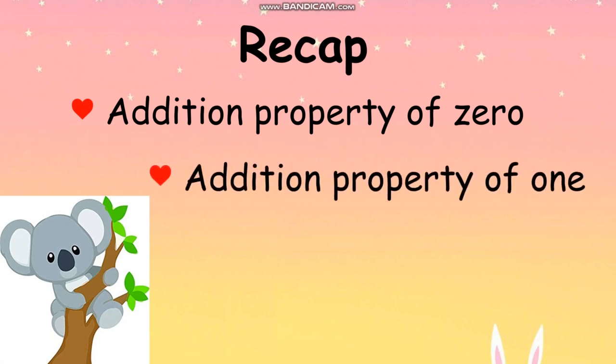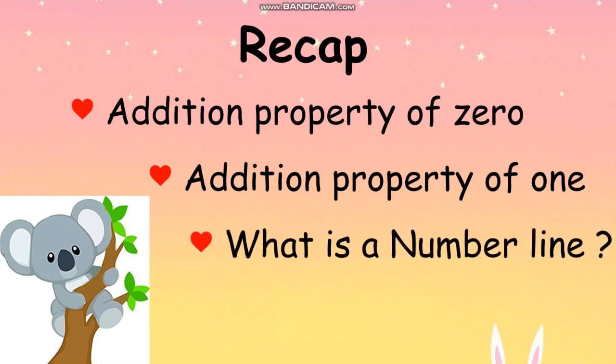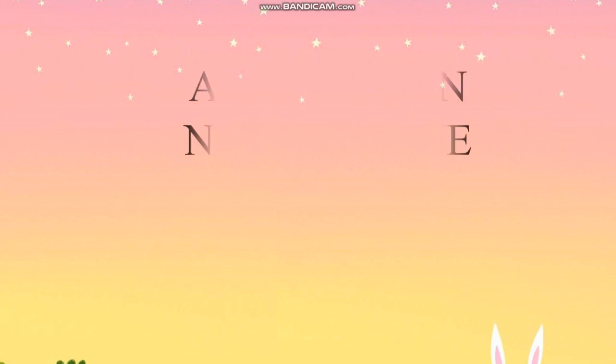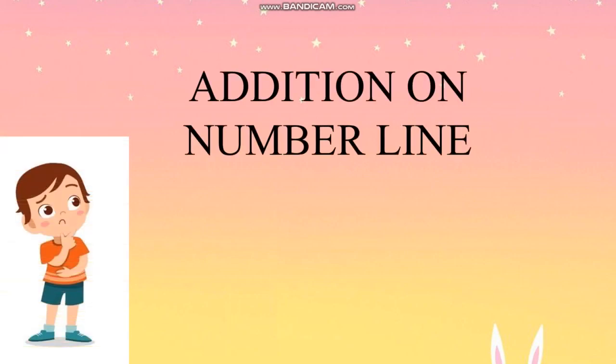Then we did the addition property of 1, in which we studied that if we add 1 to any number, we will get the next number. And we also had a look at what a number line is. Okay, now today's topic that we are going to study is addition on a number line.